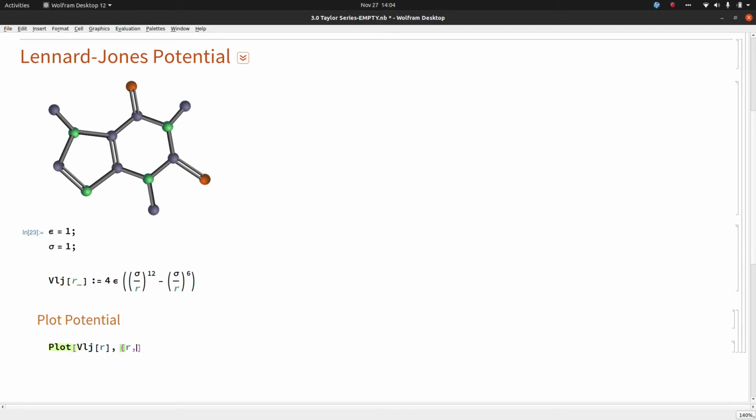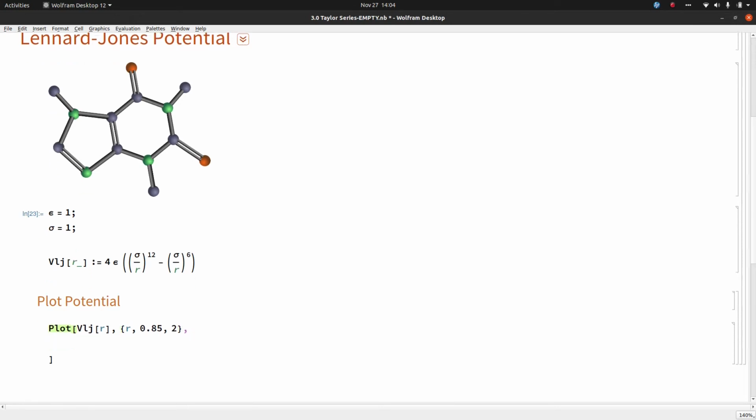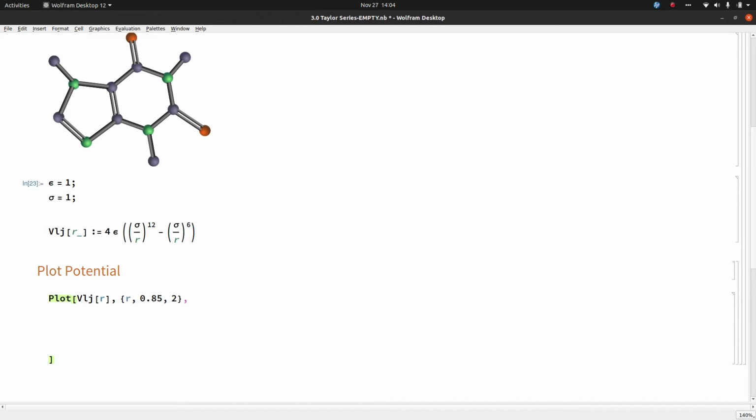For r going from, you can play around with these parameters, but it gets big very quickly. So there's kind of a tight range you want to look at. We're going to go from 0.85 to 2. And I'm going to make my plot range go from -1 to 1, so I don't have to worry about the potential getting really big and swamping out what my graph looks like.